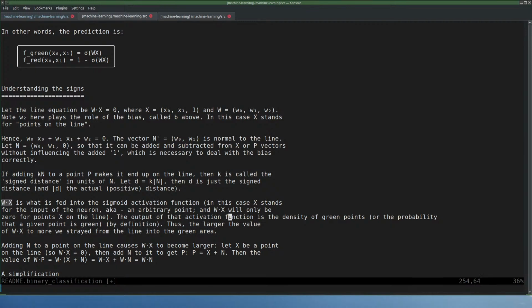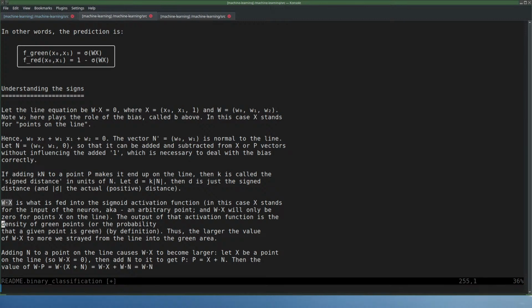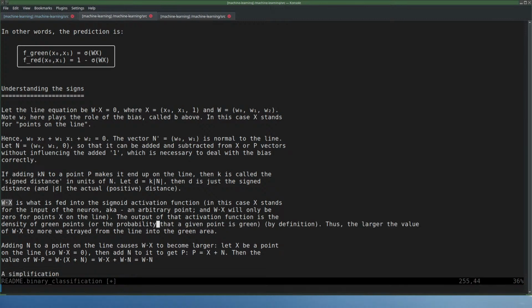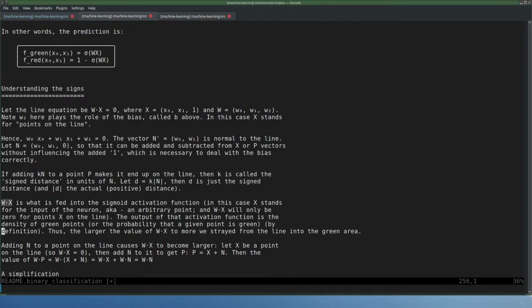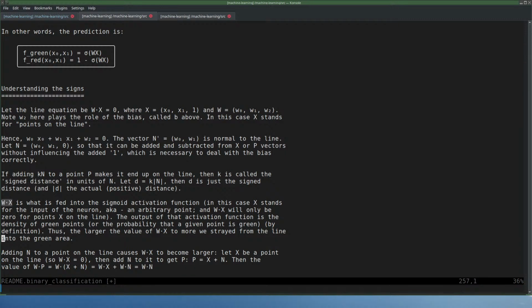The output of that activation function is the density of green points, or the probability that a given point is green, by definition. Thus, the larger the value of Wx, the more we stray from the line into the green area.